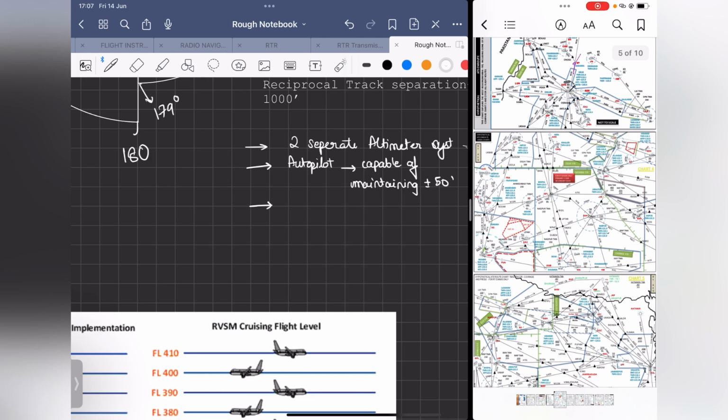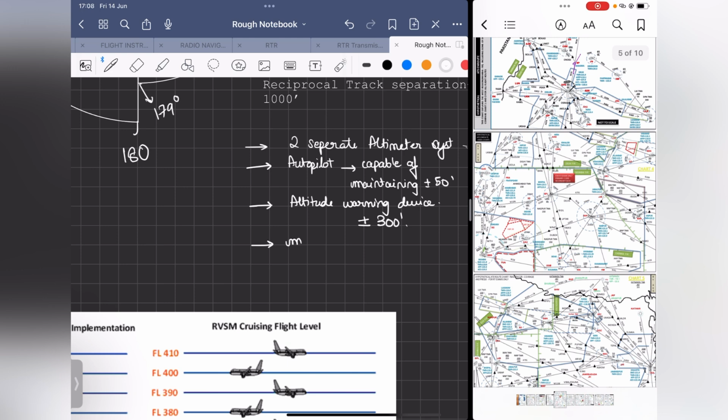Third, you should have an altitude warning device. Meaning anytime you deviate, be it the pilot or the autopilot, by more than 300 feet from the selected altitude, it should sound an alarm. It should be able to alert you.